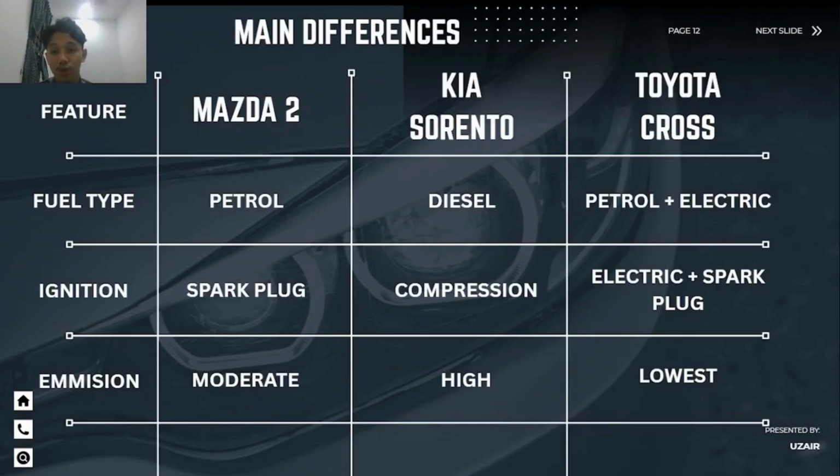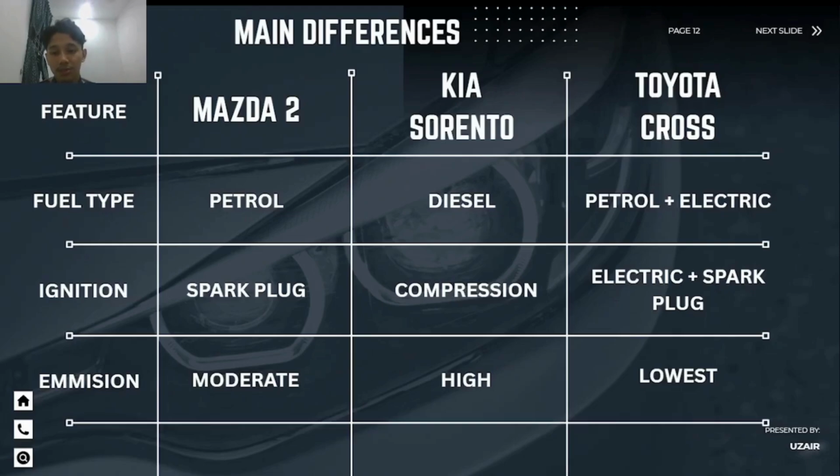Now we are going to talk about the main differences between SI engine, CI engine and HEV. First, for Mazda 2, which is SI engine, the fuel type is petrol. Secondly, the fuel type for Kia Sorento, which is CI engine, is diesel. And lastly, Toyota Cross, it is petrol plus electric.